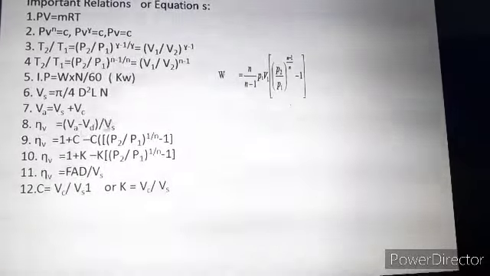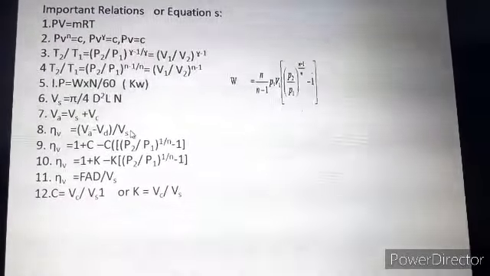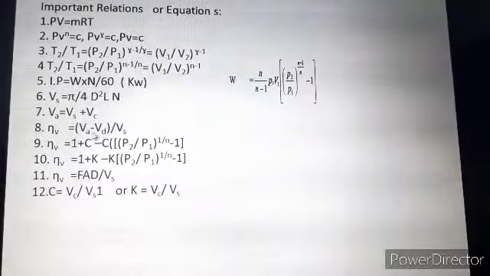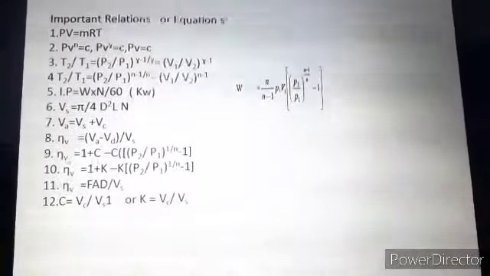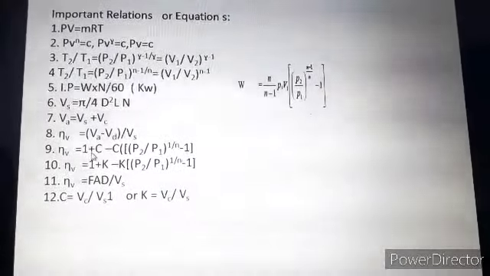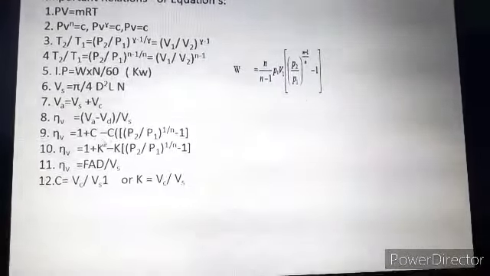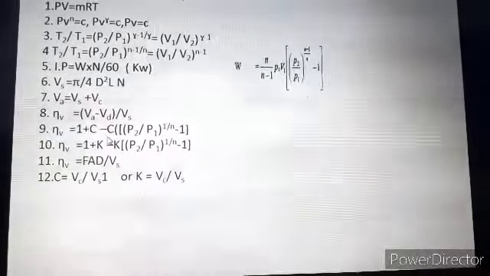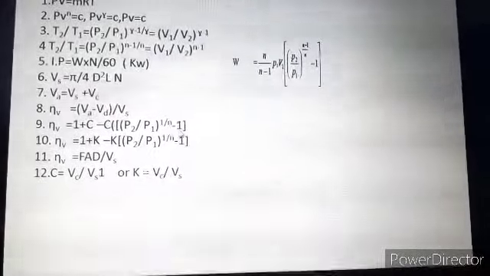Then volumetric efficiency in terms of Va minus Vd upon Vs. Again we have seen during our discussion how to derive the expression for volumetric efficiency in terms of the clearance factor. Equation 9 is the expression for volumetric efficiency considering the clearance factor C: eta_v = 1 + C - C (P2/P1)^(1/n).